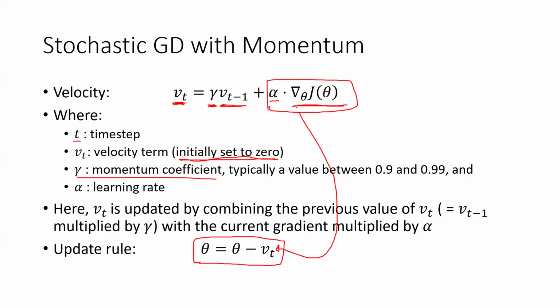This is a very good improvement for gradient descent algorithms, especially when we are using stochastic gradient descent learning, where you use a single data point for updating the parameters.